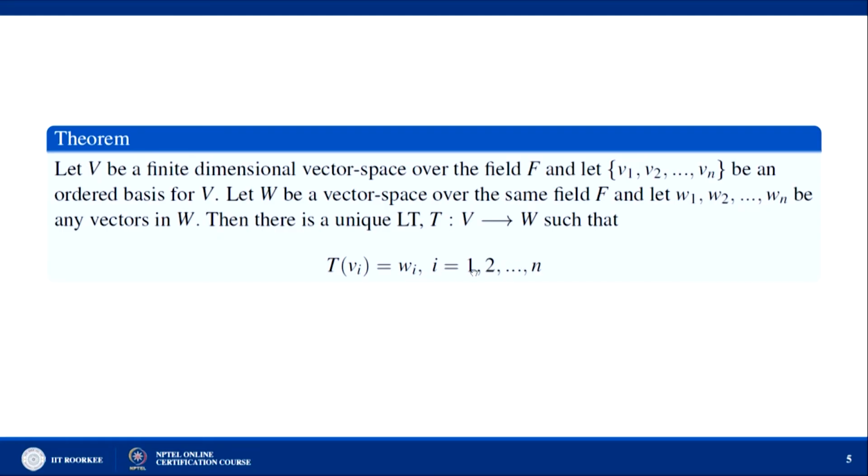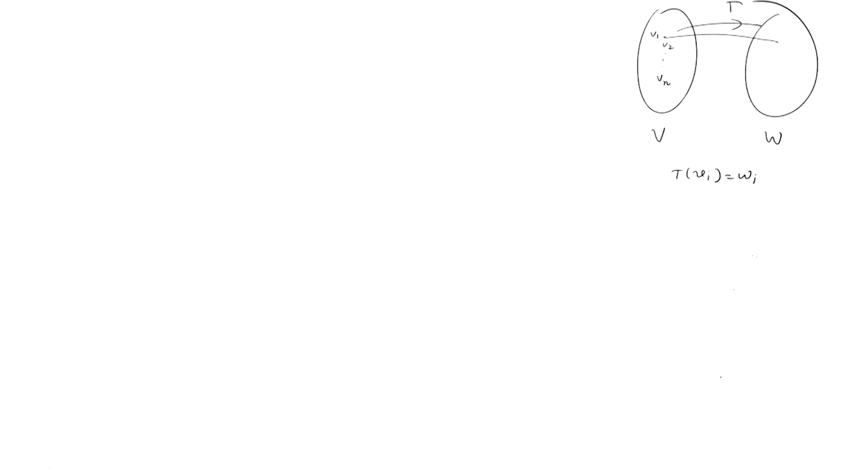Okay. What I want to say basically in this theorem is that you are having a linear transformation T from V to W. Here you are having some vectors, say V1, V2, Vn, which is an ordered basis of capital V. So, there will exist a unique linear transformation T such that T of Vi maps to Wi, that is W1, W2 up to Wn.